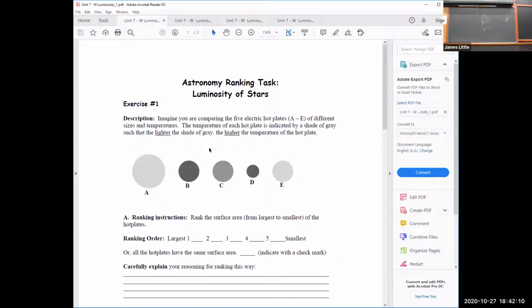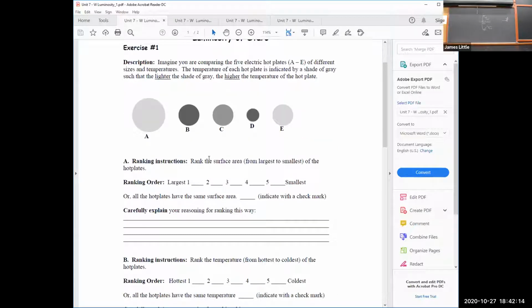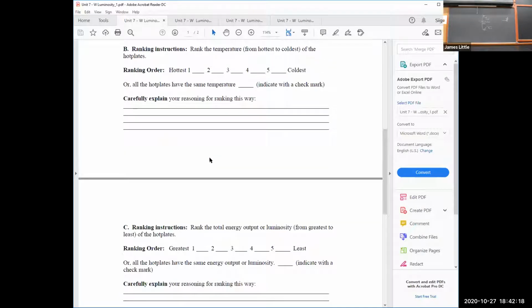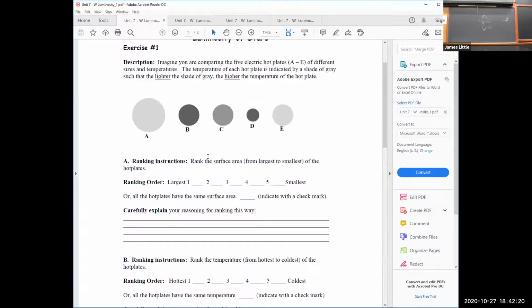So pause, rank the surface area of these. Then rank the temperature of these. Then rank the total energy output of these.